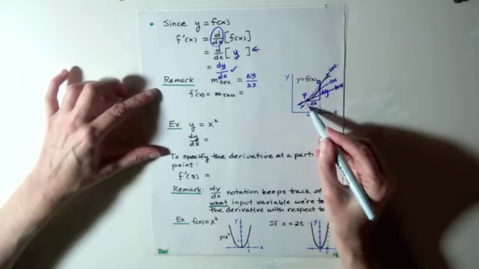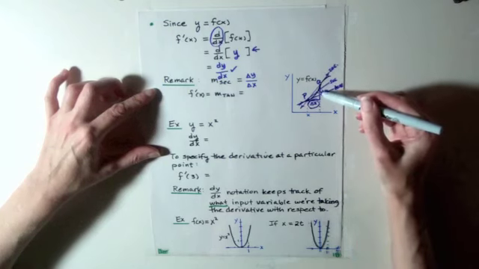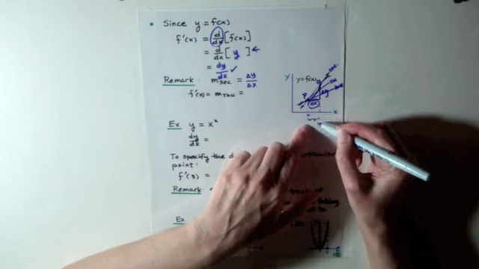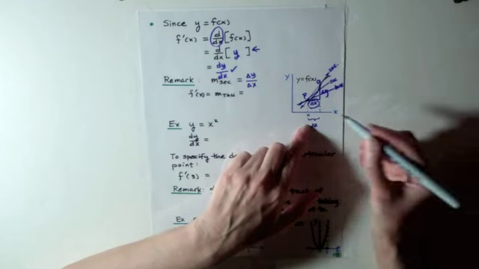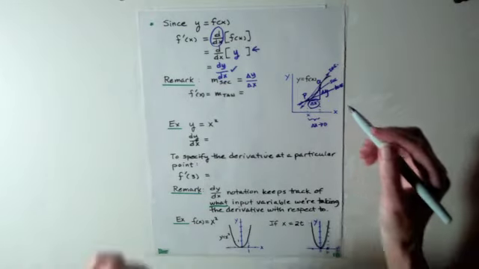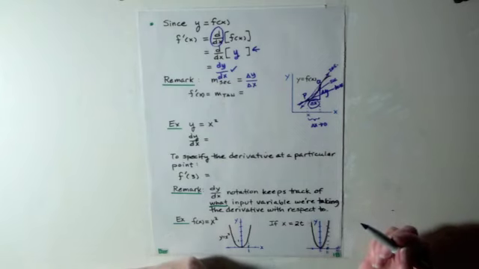Well, think about what happens to this delta x as Q slides down the curve towards P. It means this change in x here is going to get smaller and smaller. It's going to be approaching 0. And in the limit, you could think of the delta x as shrinking all the way down to 0.